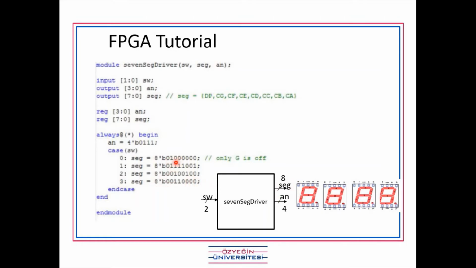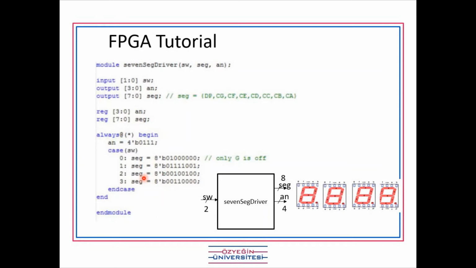What you see from here is that only G is 1, which is deactivated. The rest are activated. That means only G, the middle part, is deactivated. The rest are on, so there's light. It looks like 0. Same concept: A, B, C, D, and this last one is the point. So this is G.